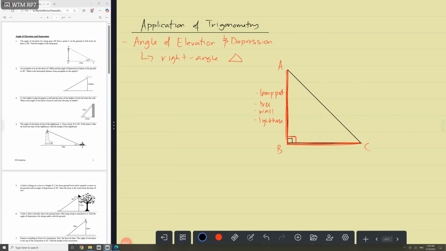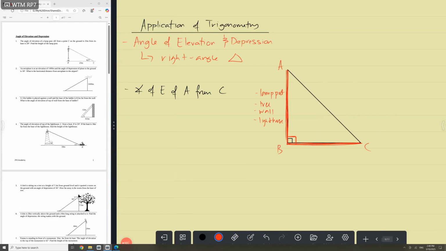So how do you find the angle of elevation and depression? In order to answer that, you need to know where the angle of elevation and depression is. Let's say you need to find the angle of elevation of A from C. With respect to a diagram, there is a keyword here, and the keyword is our reference point.